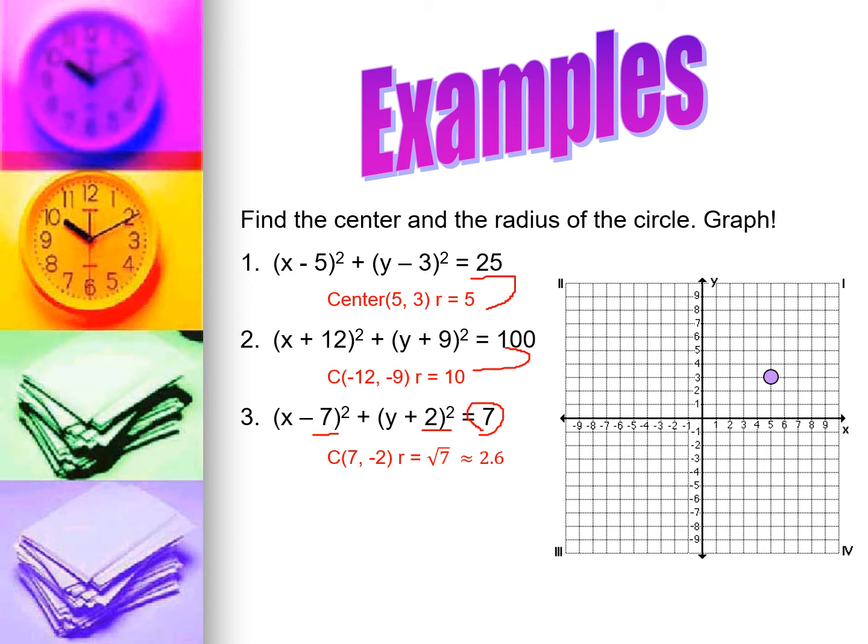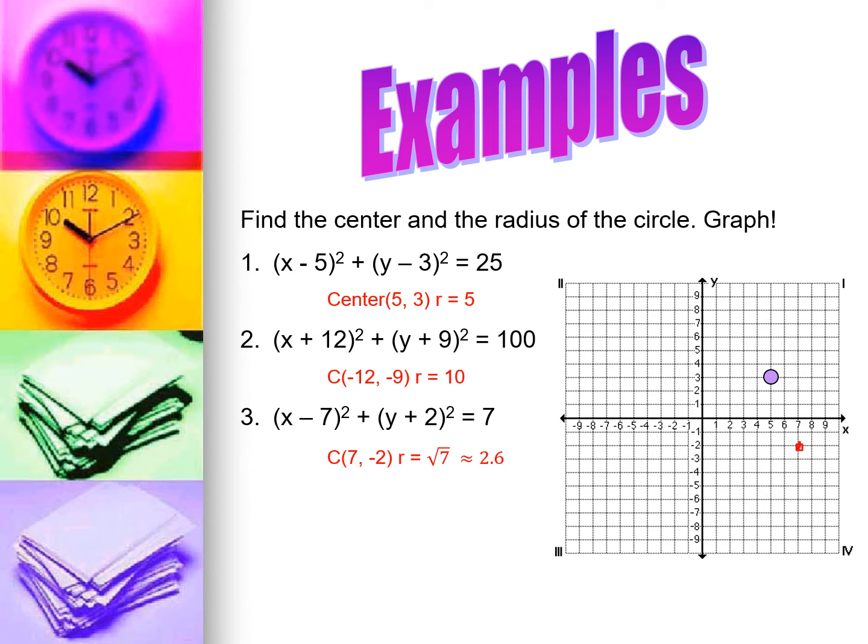To graph it, though, we kind of do need an approximation. The square root of 7 is approximately 2.6. So here's the center at (7, -2). And then you're just going to approximate 2.6.